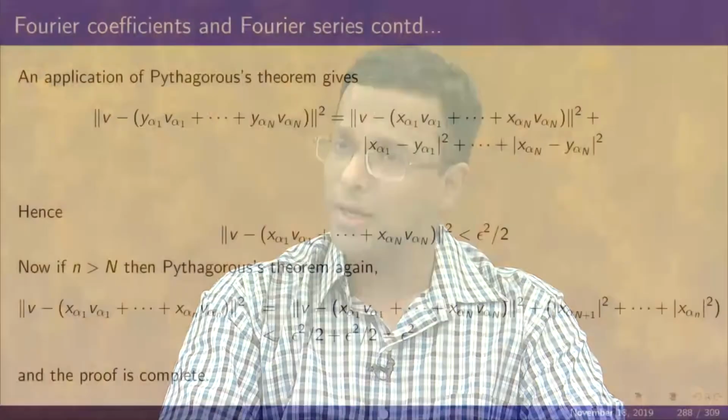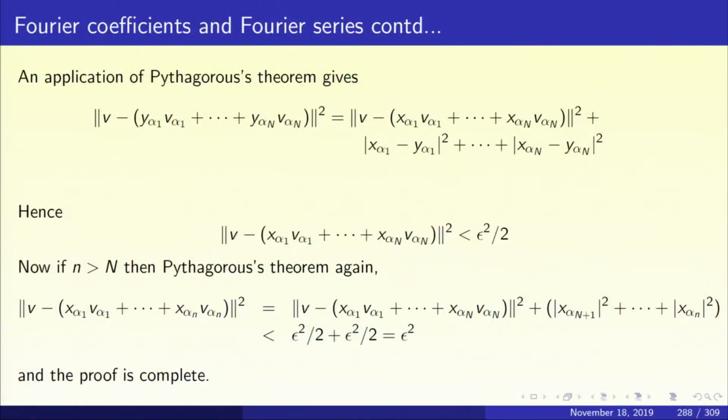Now, let us assume that little n is bigger than capital N. Then Pythagoras' theorem again will tell you that norm squared of v minus x alpha 1 v alpha 1 plus etc. plus x alpha n v alpha n equals norm squared of v minus the linear combination up to capital N, namely v minus x alpha 1 v alpha 1 plus etc. plus x alpha N v alpha N, plus the norm squared of the remaining term.